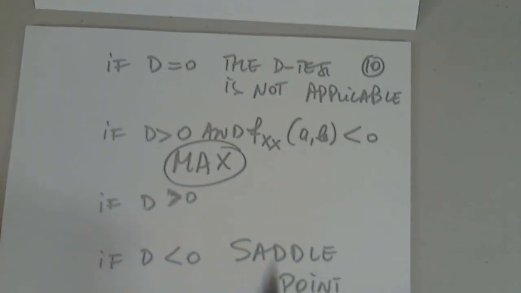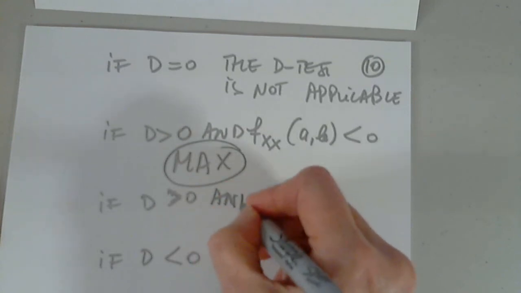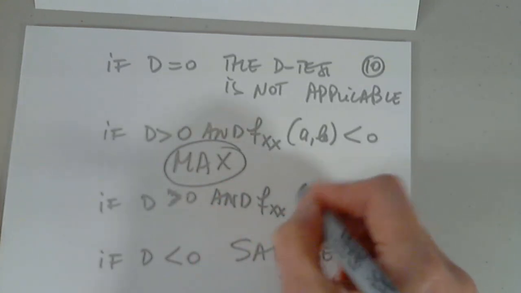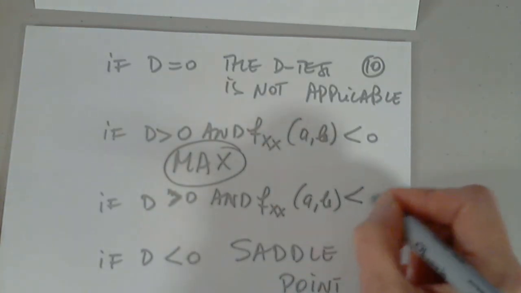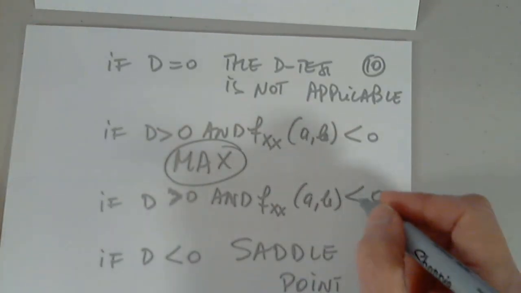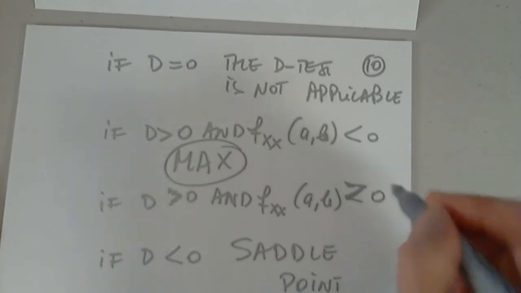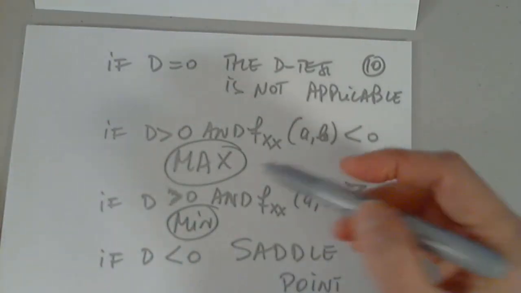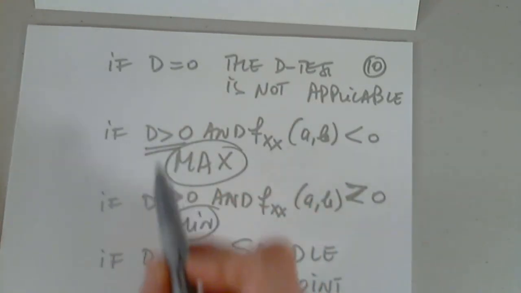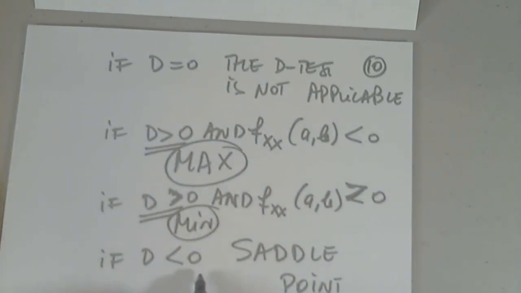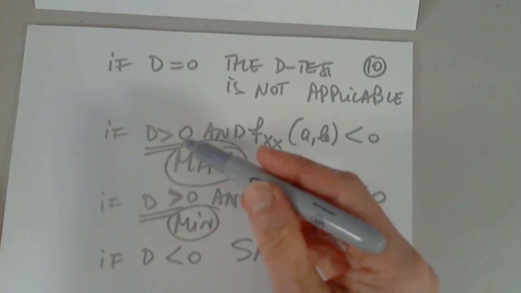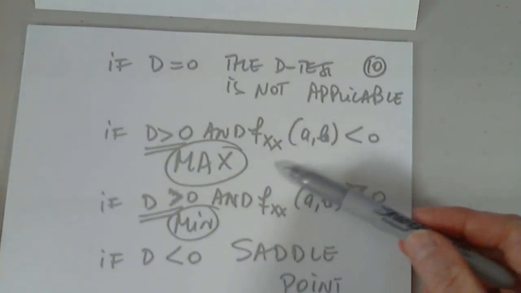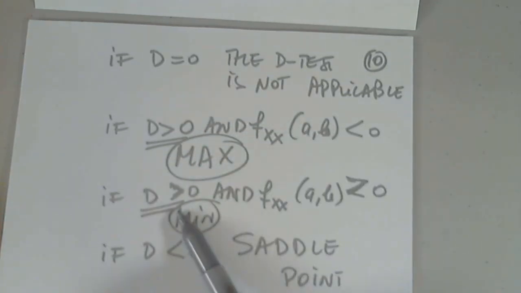If D is positive and fxx at a comma b is greater than 0, then this is a minimum. With greater than 0 it is a minimum, with less than 0 it is a maximum. But D must be positive. If D is negative, no max-min. If D is positive and fxx is negative, then it's a maximum. If D is positive and fxx is positive, then it's a minimum.